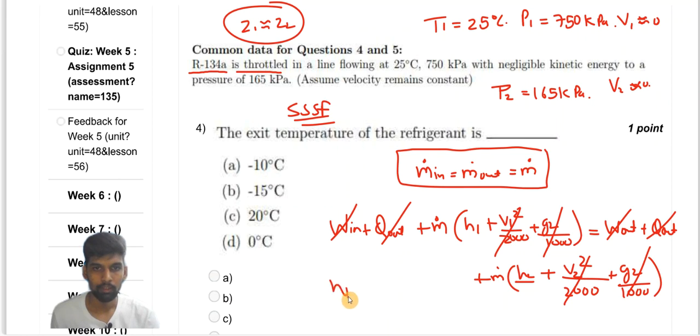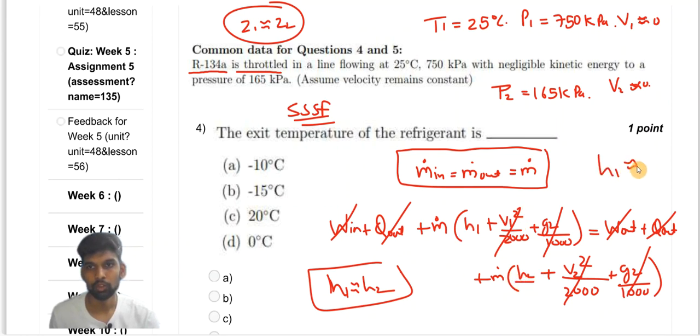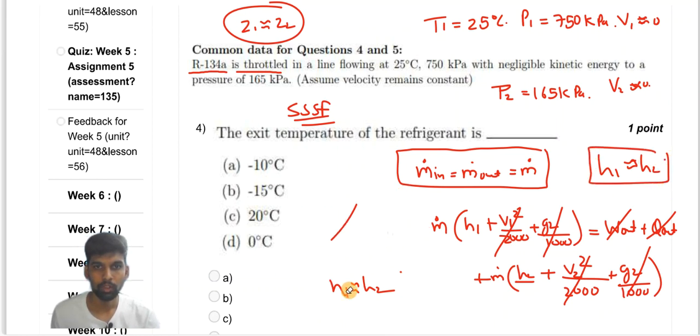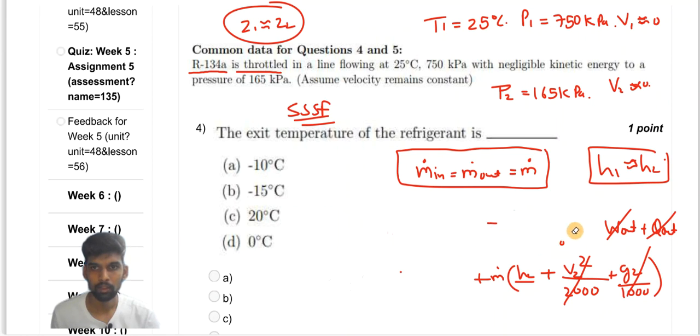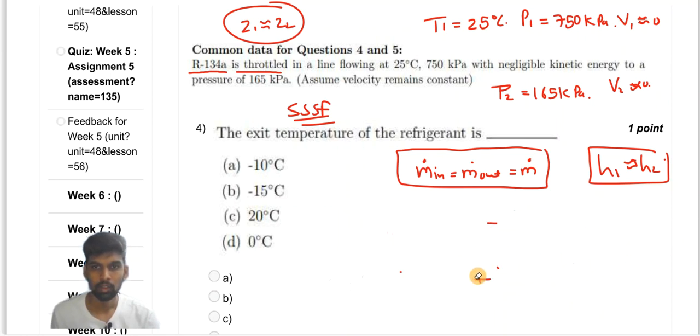So we arrive at h1 equal to h2, since the mass flow rate is also the same at entry and exit. So from the energy equation, we got h1 is equal to h2. Once we go through this R134a table, let me check.